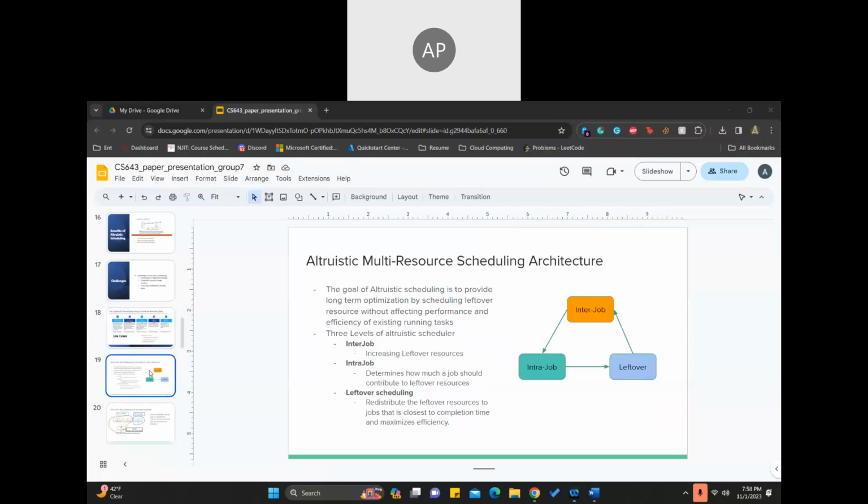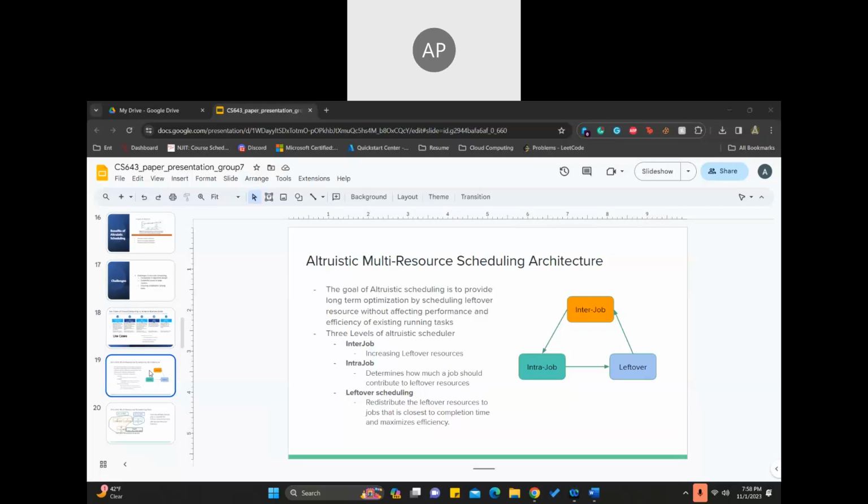So the goal of altruistic scheduling is to provide long-term optimization by scheduling leftover resources without affecting the performance and efficiency of existing running tasks. There are three major functions of an altruistic scheduler.